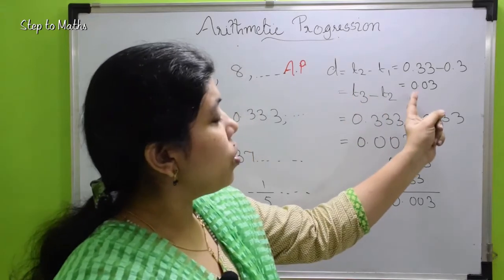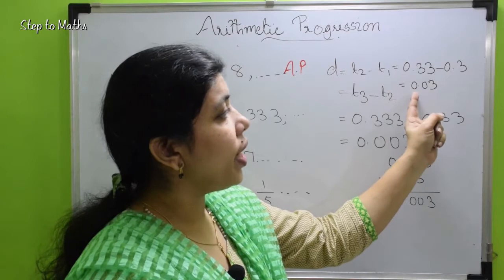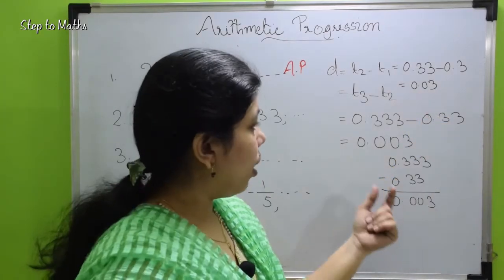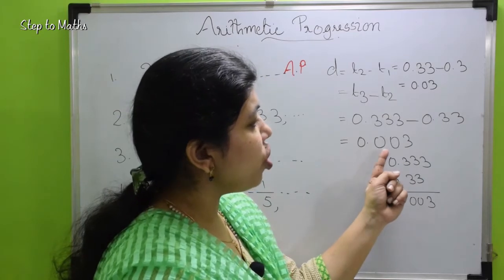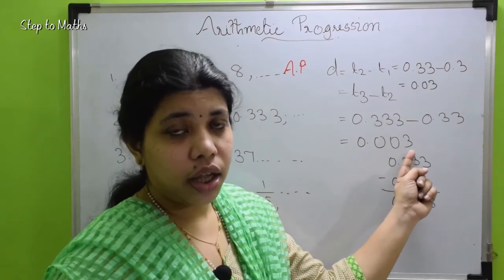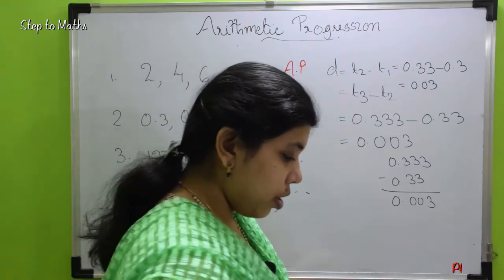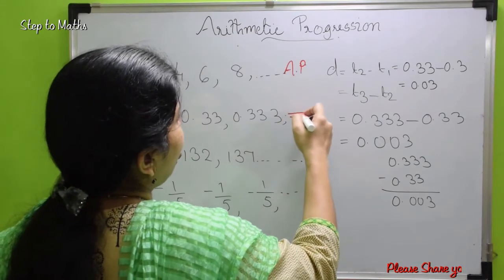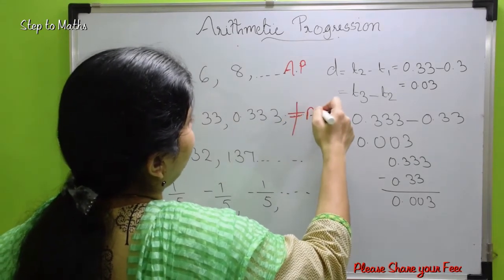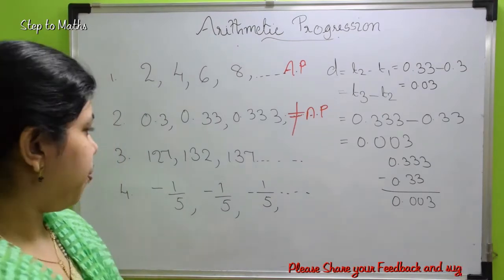And the value of D in the case of T2 minus T1 is 0.03, and in T3 minus T2 it is 0.003. Here the value of D is not constant. That means this sequence is not in AP, not in an arithmetic progression.